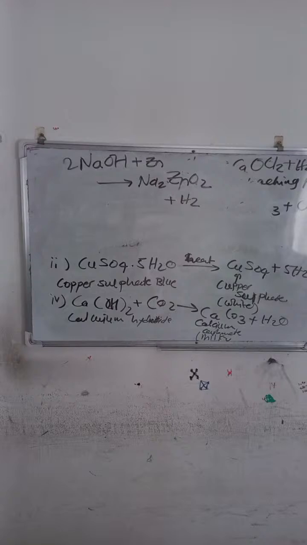Options are given: oxides of nitrogen, methane, carbon monoxide and carbon dioxide. Due to incomplete combustion of coal and petroleum, there is a formation of carbon monoxide. So option C is the correct option here.